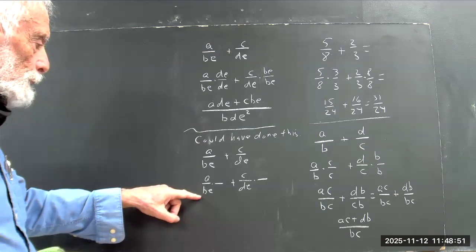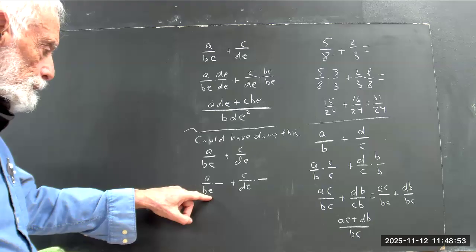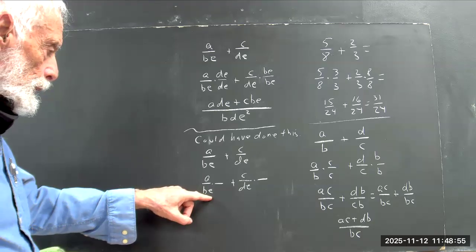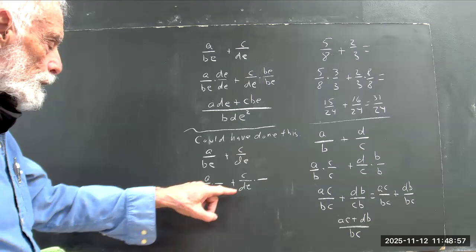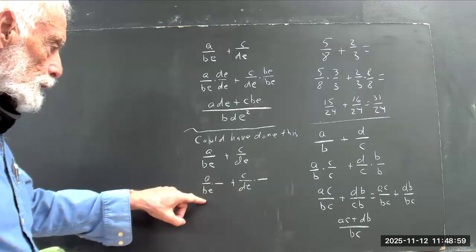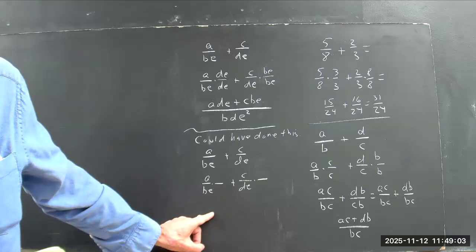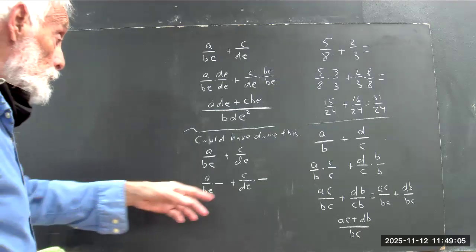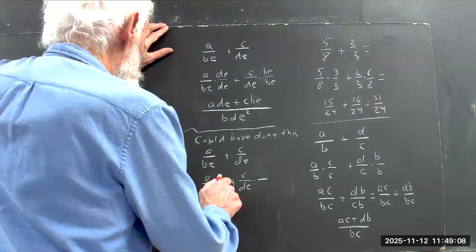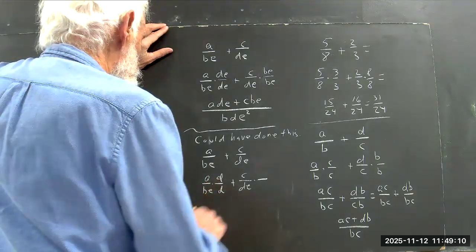This one already has a B and an E in it. The only thing that the second denominator has that the first doesn't is a D. It's already got E, so we don't need to multiply by E. We just need to multiply by D over D.